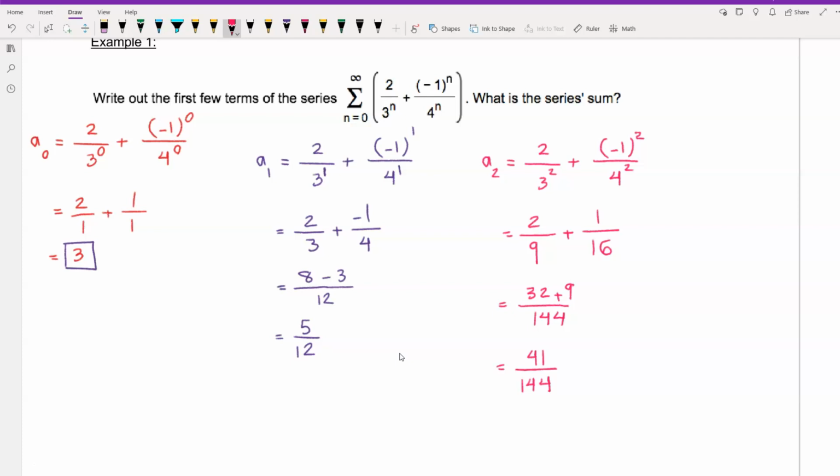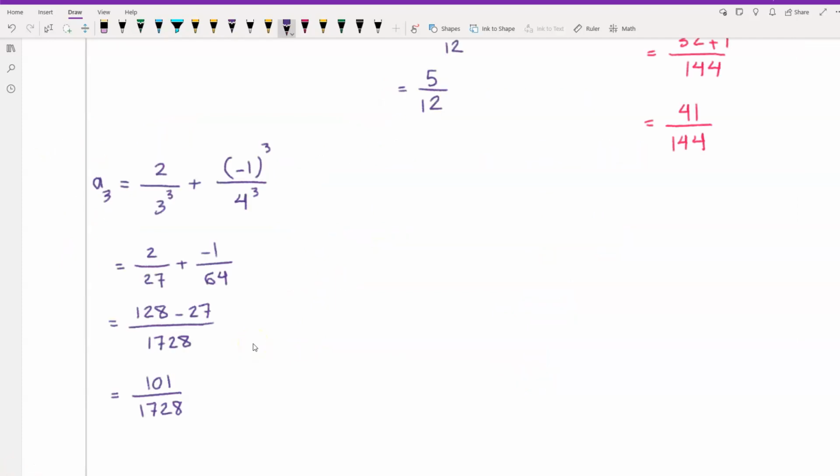So the answer for a sub 2 is 41 over 144. Now a sub 3, that is equal to 2 over 3 cubed plus negative 1 cubed divided by 4 cubed. So that is equal to 2 over 27 plus negative 1 over 64. So the answer for a sub 3 is 101 divided by 1728.